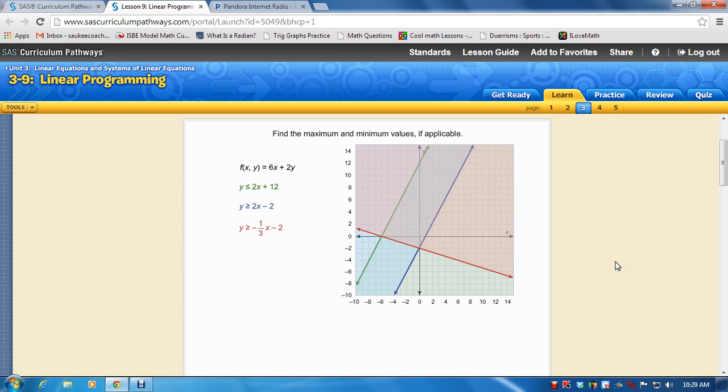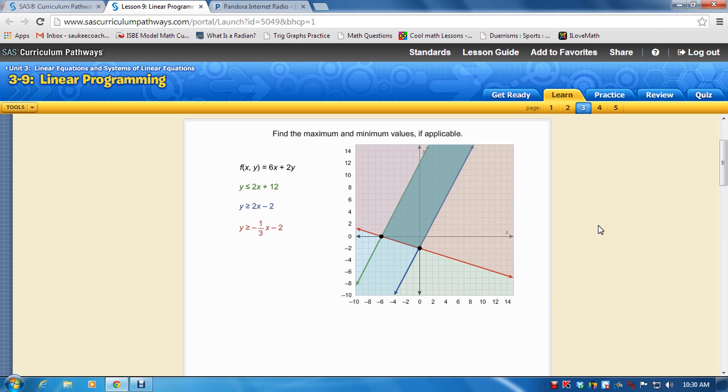Now let's determine whether the unbounded feasible region of this system of linear inequalities has a minimum or maximum value for the objective function f of xy equals 6x plus 2y. We know that one of the vertices will result in the minimum or maximum value. The vertices of the feasible region are -6, 0, and 0, -2.